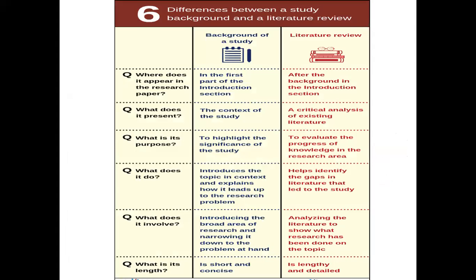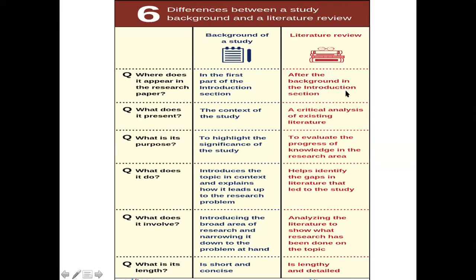Okay, here are some of what we call the comparison between background and literature review. So you have to remember that literature review is done from the beginning of our topic findings until the end of our writing of thesis, until the completion of the thesis.